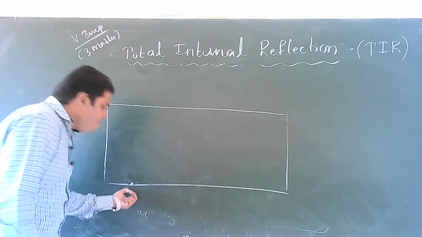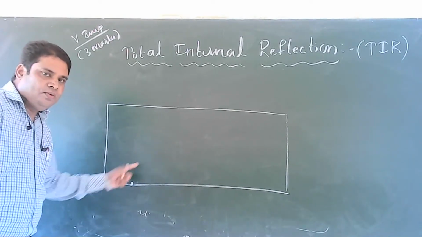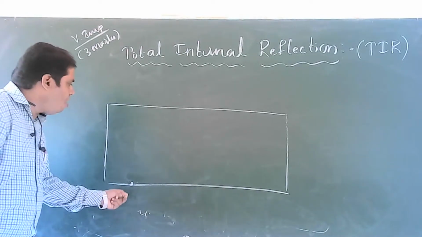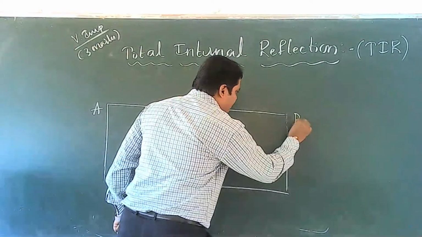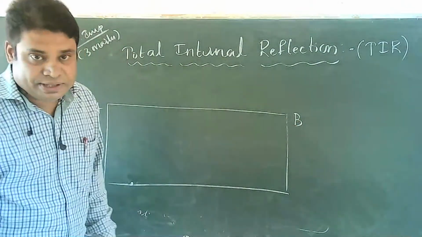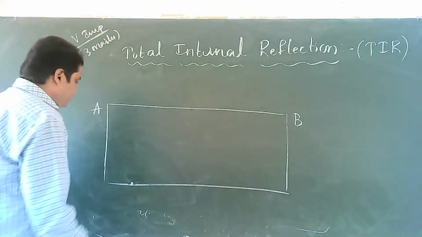Now, when a beam of light or rays from this object are allowed to fall on this surface AB, which is the refracting surface, what do we observe?